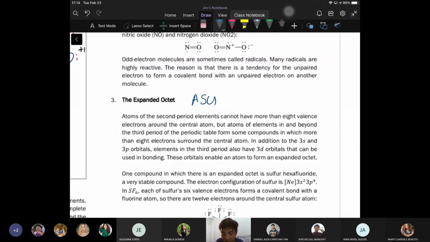Okay? Bakit may expanded octet? Kasi lalagpas ka sa 8 electrons due to the presence of d orbitals, no. Okay, so the d orbital can hold 10 electrons kasi. So 10 electron plus 8, no? A maximum of 18 electrons yun in total. Okay? So yun, pwede tayo lumagpas sa octet rule provided that your atom, especially your central atom, is on the third period pababa. Okay?